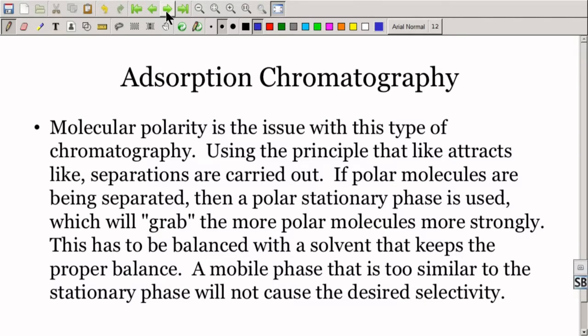Now, why does this happen? What causes adsorption? Why would a molecule be attracted to another molecule? Think back to General Chemistry 2, Chapter 11. What was the topic in that chapter? That's probably not a fair question.